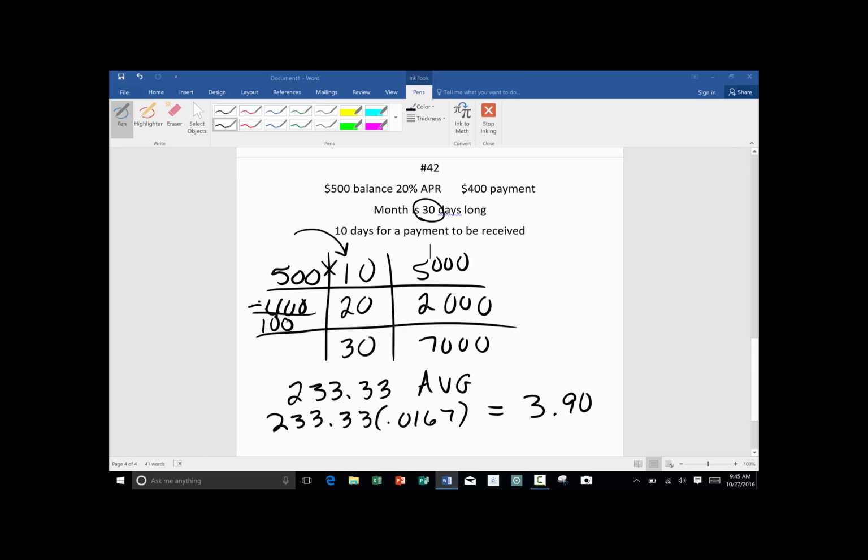We started out with 500. We made a payment. This is the last balance that I had. That's what the finance charge gets added to. So my new balance is $103.90. And that's how average daily balance works. If you had had purchases, you would add those in here too. With payments, you subtract them.